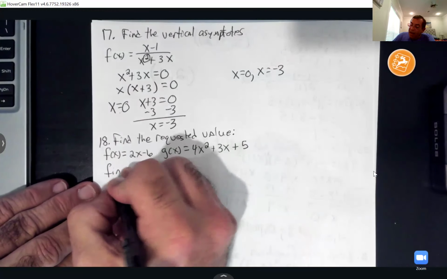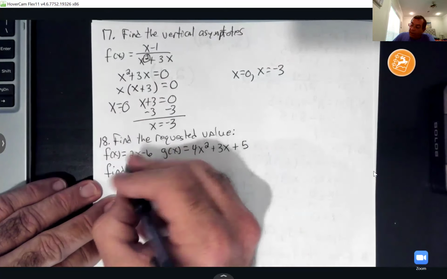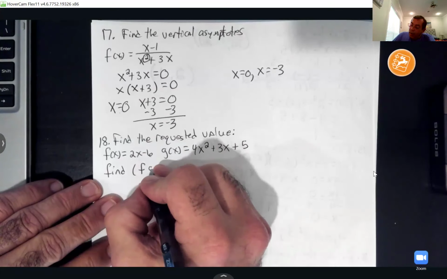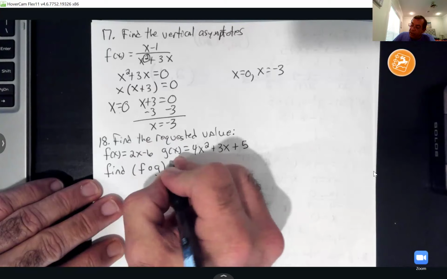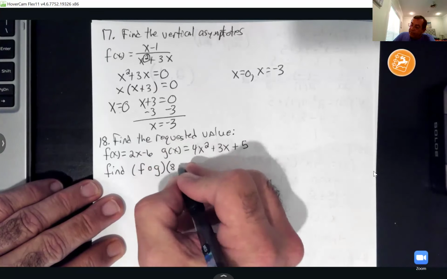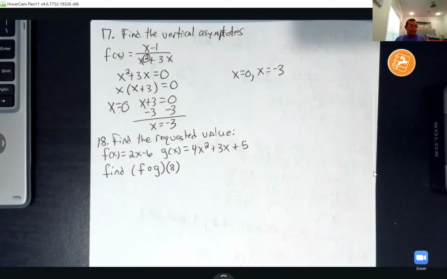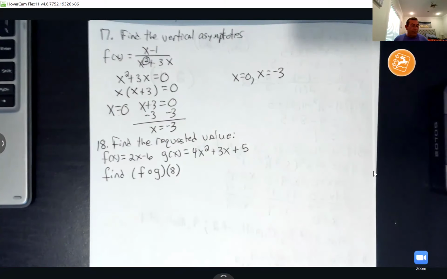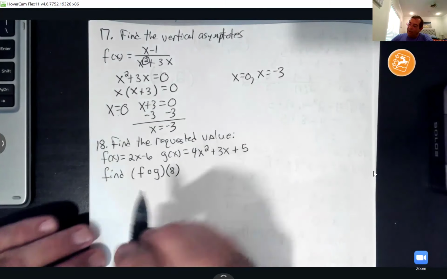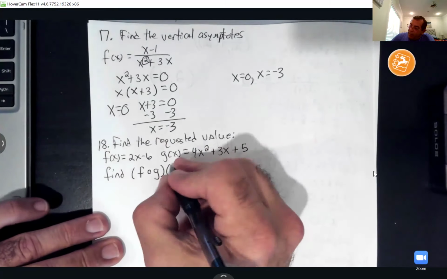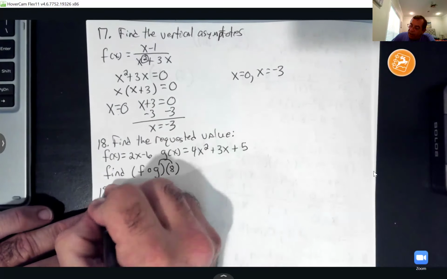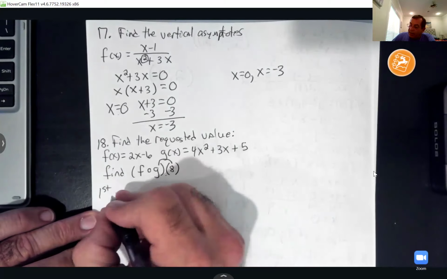They want us to find f compose g of 8. All righty, so that means on this problem, we put the 8 into the g first. So first, we need to find g of 8.